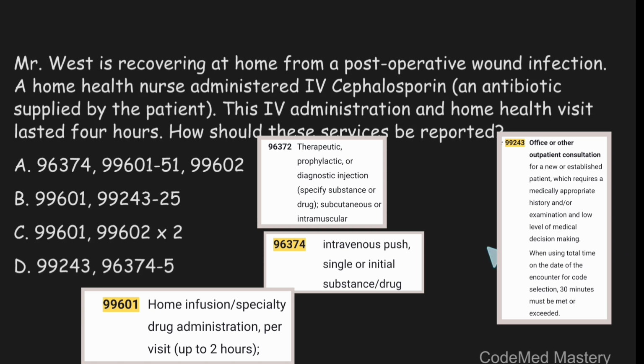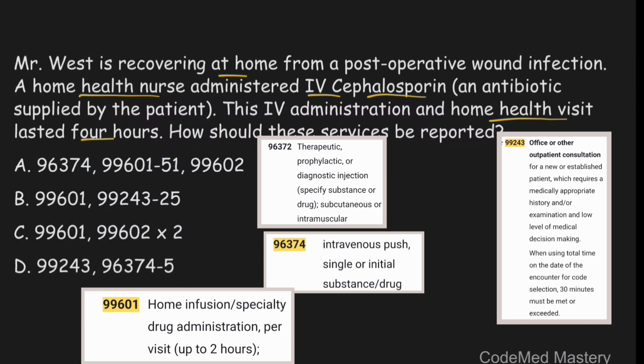Now let us check what exactly they have mentioned in the question. They have mentioned Mr. West is recovering at home from a post-operative wound infection. A home health nurse administered IV cephalosporin, an antibiotic. This IV administration and home health visit lasted for 4 hours.